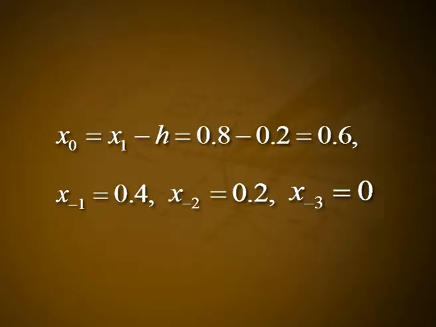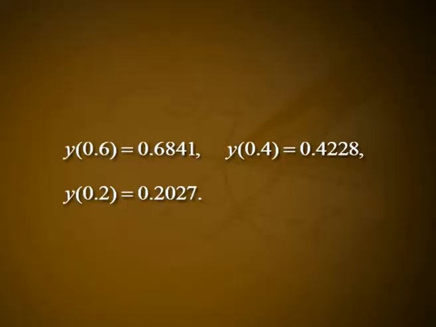h = 0.2, hence x_0 = x_1 - h = 0.8 - 0.2 = 0.6, x_{-1} = 0.4, x_{-2} = 0.2, x_{-3} = 0. The starter values are y(0.6), y(0.4) and y(0.2). Using the fourth order Runge-Kutta method, the values are found to be y(0.6) = 0.6841, y(0.4) = 0.4228, y(0.2) = 0.2027.